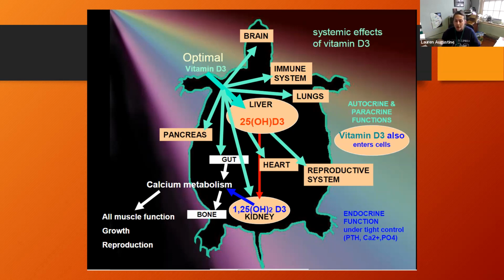This is a critical aspect of our animal care that I think is really hard for us to evaluate, especially in real time, especially with slow-lived animals, that we won't necessarily see the impacts of inappropriate or improper vitamin D levels until it is too late.